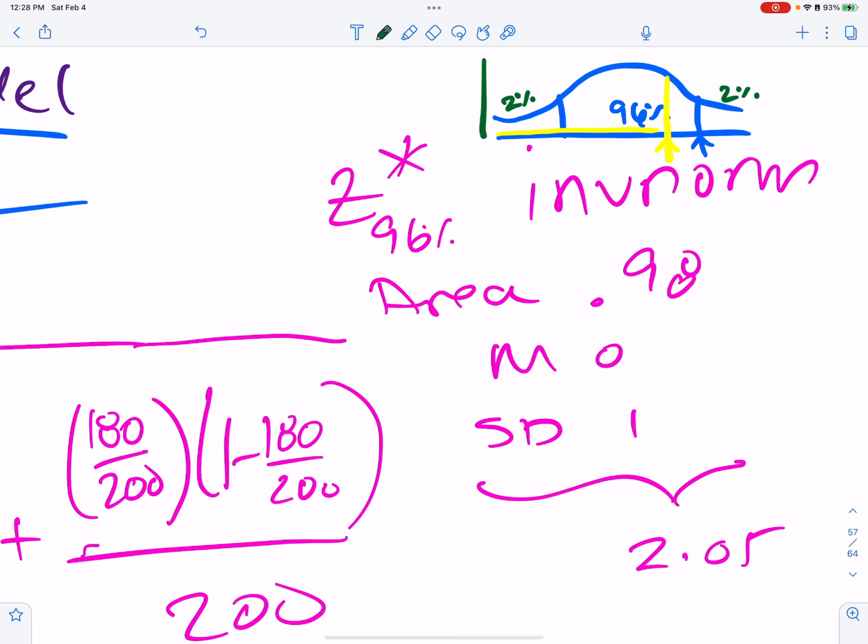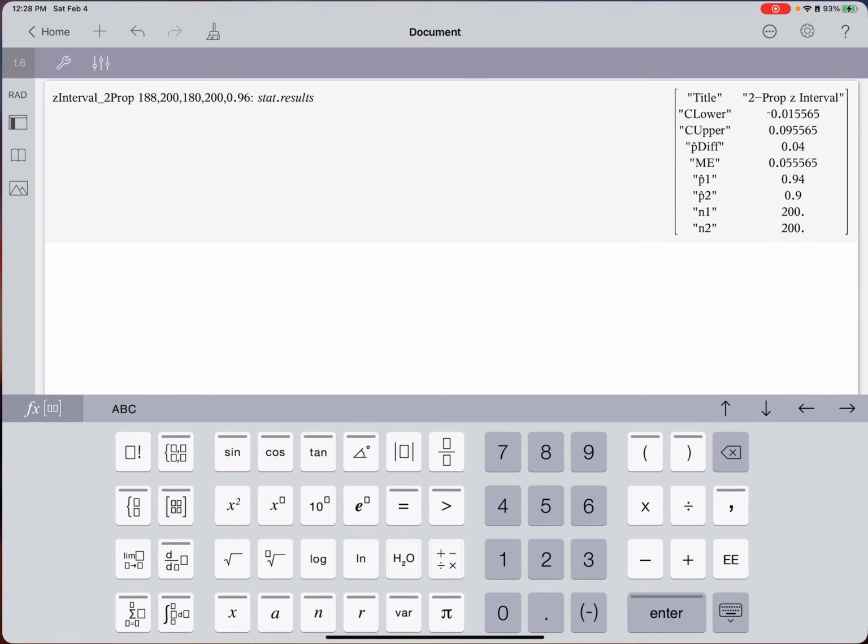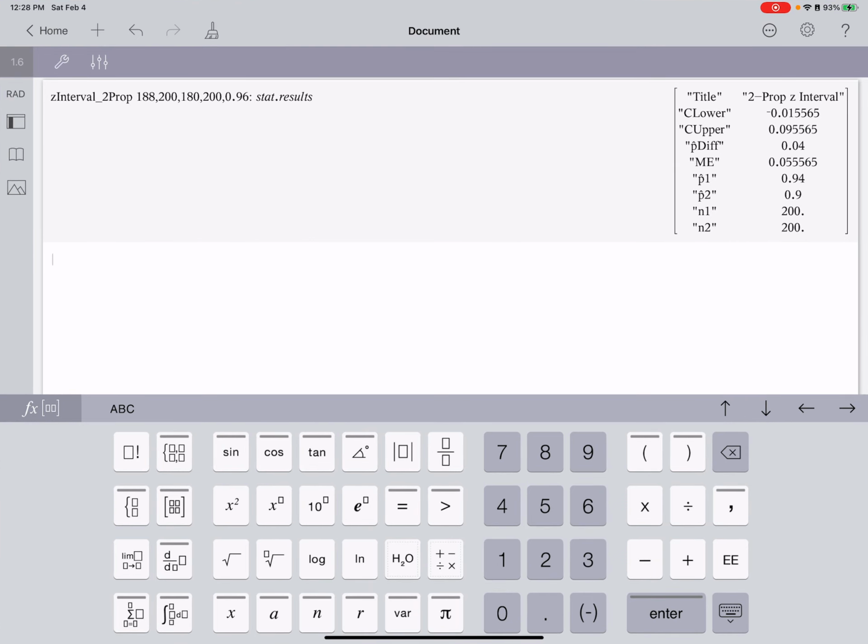And since my calculator starts from here, I'm going to go past that 2%, past 96% to get me that, and that's a total of 98%. So I'm kind of tricking my calculator there. The reason we didn't have to do it when I found my 2 prop Z interval and put in 96% there is because it had actually asked me for my confidence level.